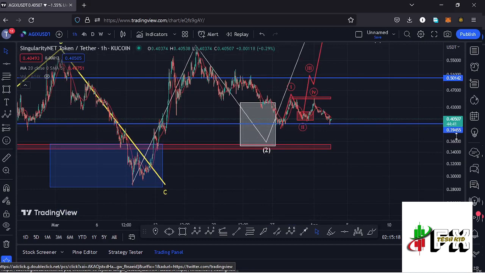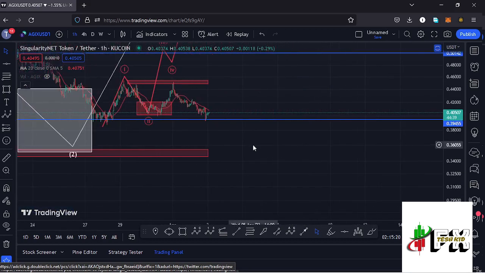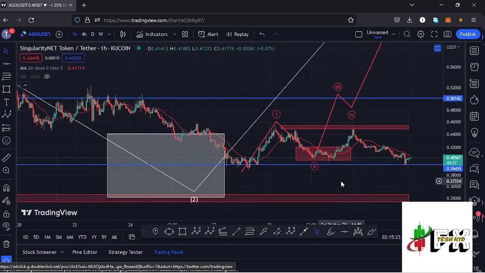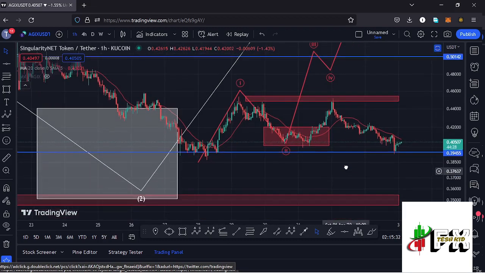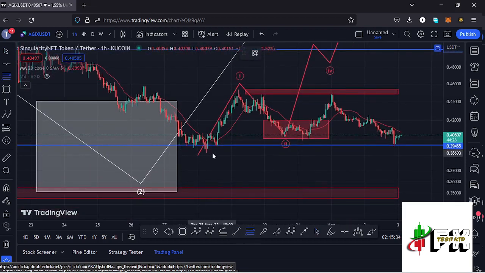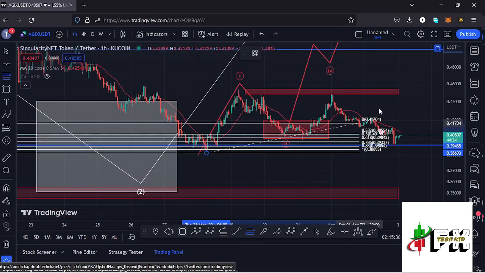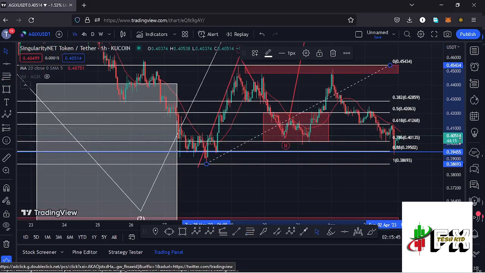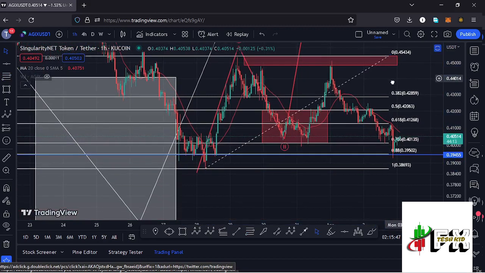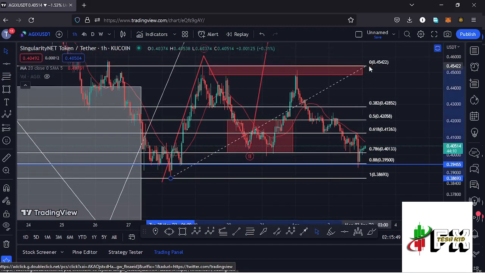And if I zoom in so that I can now get to the short-term scenarios, you can see that we have now peaked in the formation of that first wave of this Elliott wave structure right here in red. We have also seen a corrective structure in the formation of this wave 2, and using the Fibonaccis, connecting them from the low of the first wave to the high of that wave 1, I was able to come up with a minimum retracement area in the formation of this wave 2 between the fib level 0.5 and the fib level 0.78, which is a target area that we have now fully maximized.